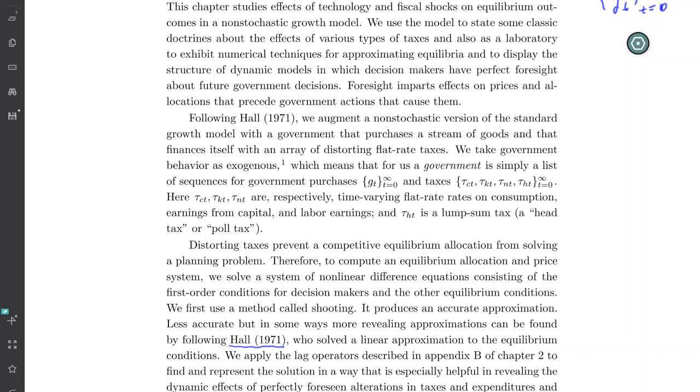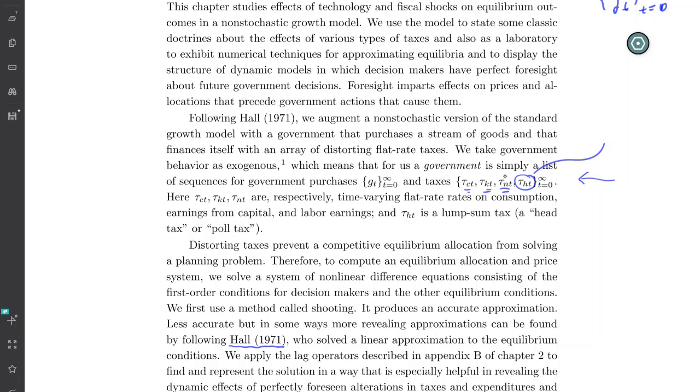So then the government has to finance this by issuing certain kinds of taxes. And we're going to let it tax virtually everything in sight. It can impose a flat rate tax on consumption. It can tax earnings from capital. It can tax earnings from labor. And to make life easy on ourselves, we're also going to give it a head tax, so it could impose lump sum taxes.